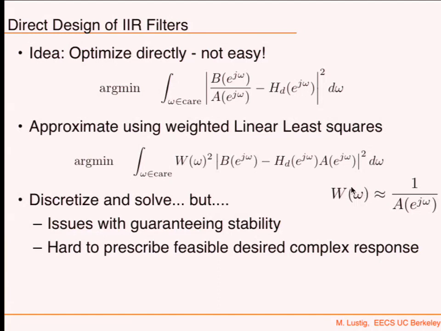The other thing is that prescribing H_d is also quite difficult. You need to prescribe not just the real part of H_d, or the magnitude of H_d. You actually need to prescribe the complex one, and the complex one that's actually feasible. If you just prescribe a zero phase one, then you're not necessarily going to get a stable, causal solution, right?